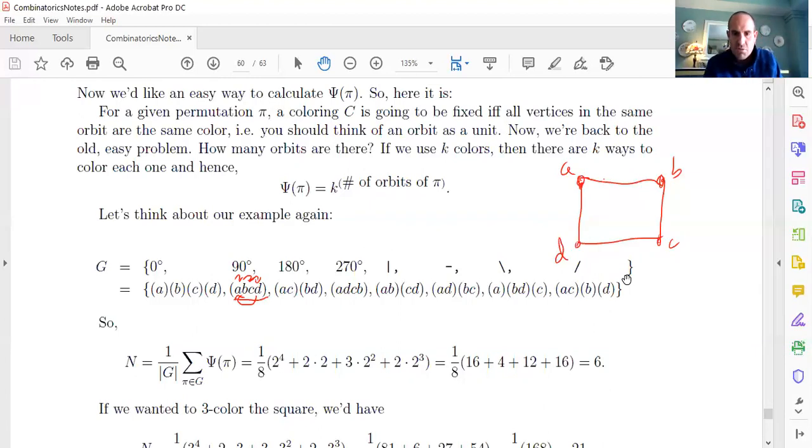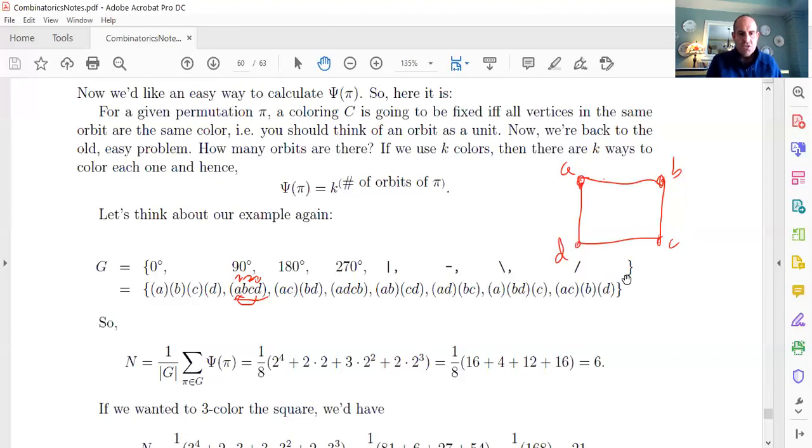So A goes to B and B goes to A, C goes to D, and D goes back to C. Then for reflection in the horizontal axis, A and D flip back and forth and B and C flip back and forth. For the negative slope line, A and C stay where they are, but B and D flip back and forth. And finally, for the positive slope line, A and C flip back and forth, and B and D stay fixed.